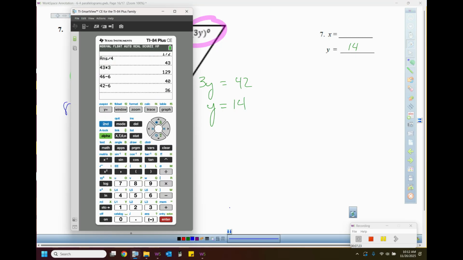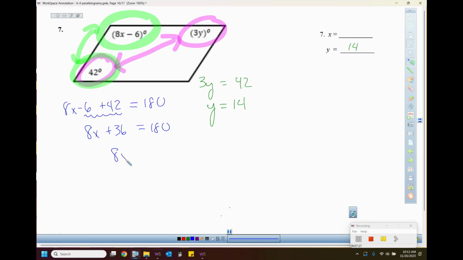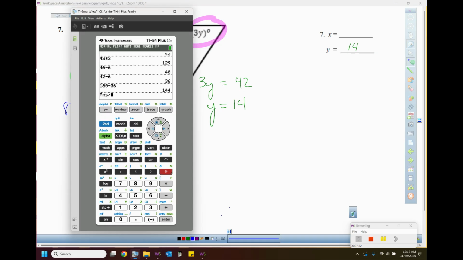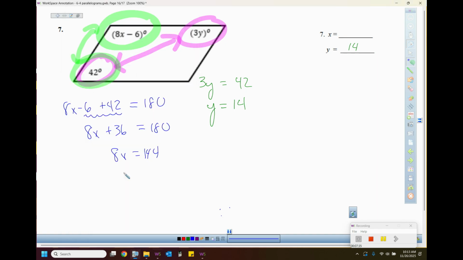I will subtract 180 minus 36 and get 144. And then I will divide both sides by 8. And get x to be 18. So another weird one, because we just had to mess around with the variables to make things work out right.